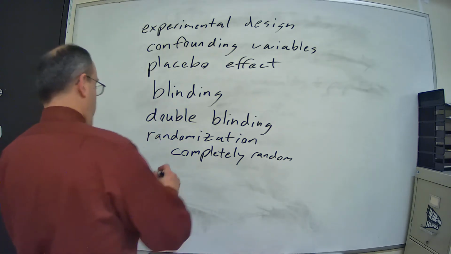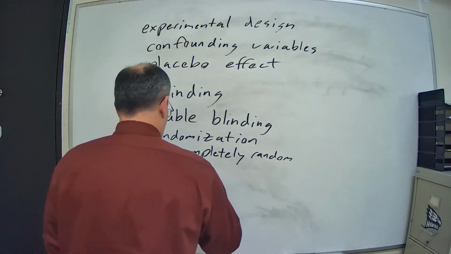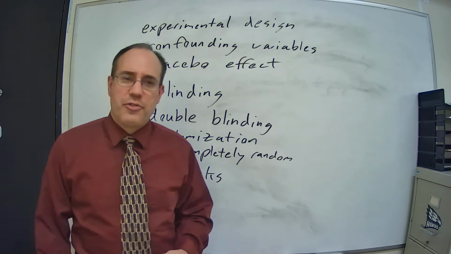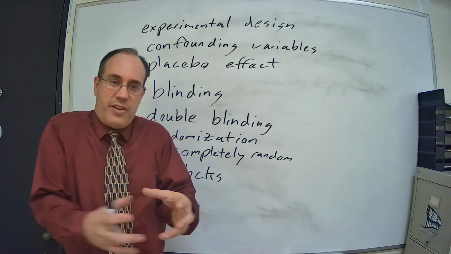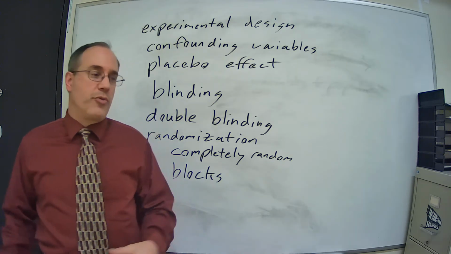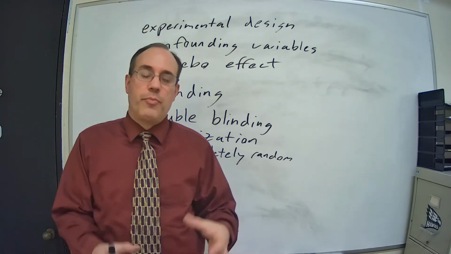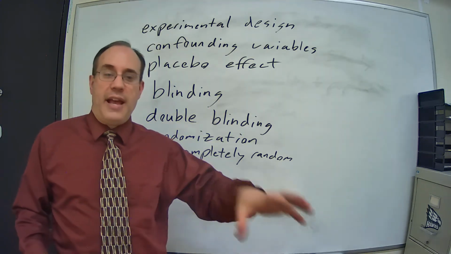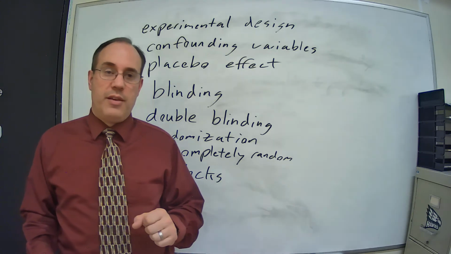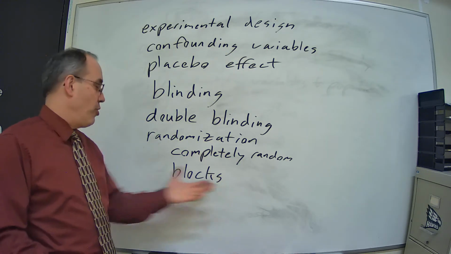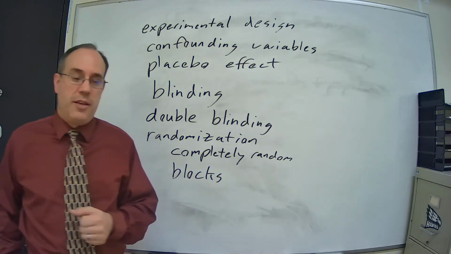The second one we do that gets it a little better is we use blocks. It's kind of like clustering, groups of similar characteristics. So then we group people into similar characteristics, and we make sure that we split those between the control group and the treatment group. So that allows us to get a little bit better. We know that we've split them up nicely.